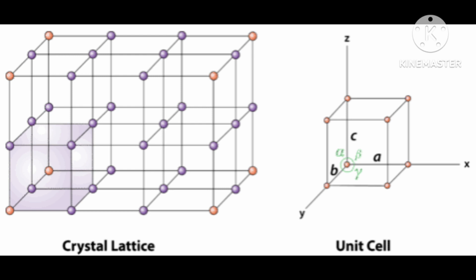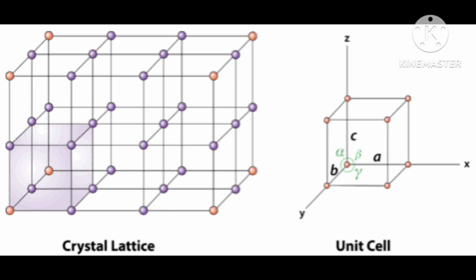Unit cells can be broadly divided into two categories: first, primitive, and second, centered unit cells. Just listen carefully, because when you understand the concept, the entire chapter will be very easy.